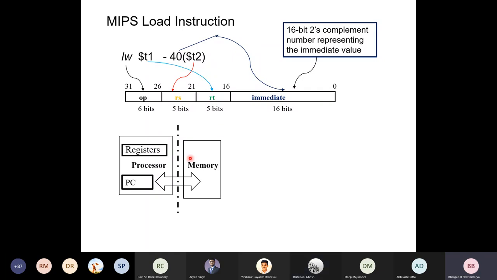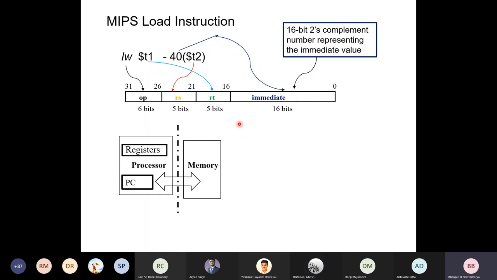Yes, sir. That address you should not load into the program counter. That should be loaded in a separate data address register, because the program counter is reserved only for storing the address of instructions, not of data. Okay. So remember this definition. Remember this subtle point. That's why I asked you to explain the sequences.